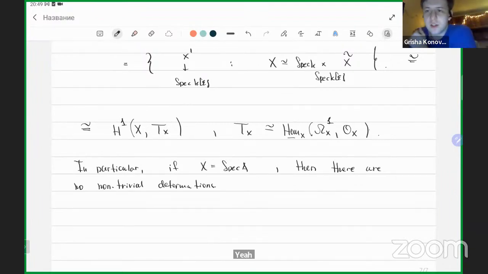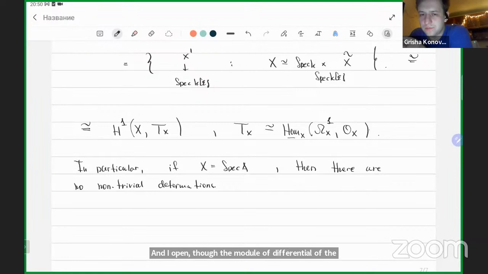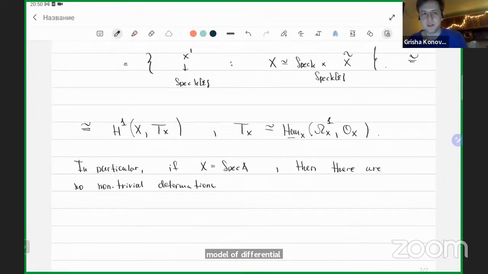On an affine open, it sends the affine open to the module of Kahler differentials of the algebra of functions on the affine open. So basically, if X is Spec A, then omega 1 X is omega 1 A, the module of Kahler differentials, which we quickly studied at the beginning of the talk.